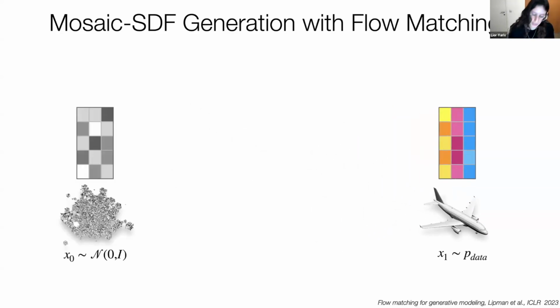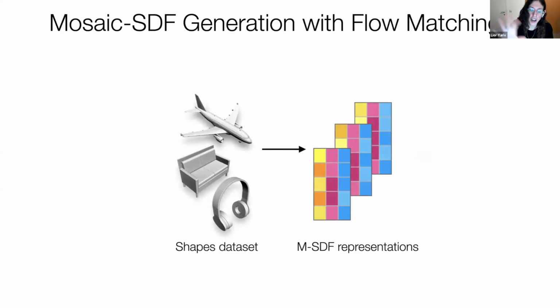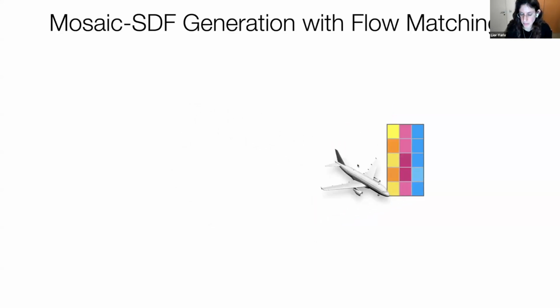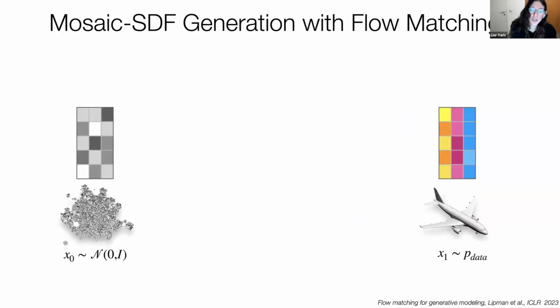And now our data set, our target distribution, will be this tensorial M-SDF representation. Similar to how we had images, now we have this type of data set. So now again, in order to train a flow model, specifically we did flow matching, we sample a point from the data set, which is an M-SDF representation, and we can also sample a noisy M-SDF.